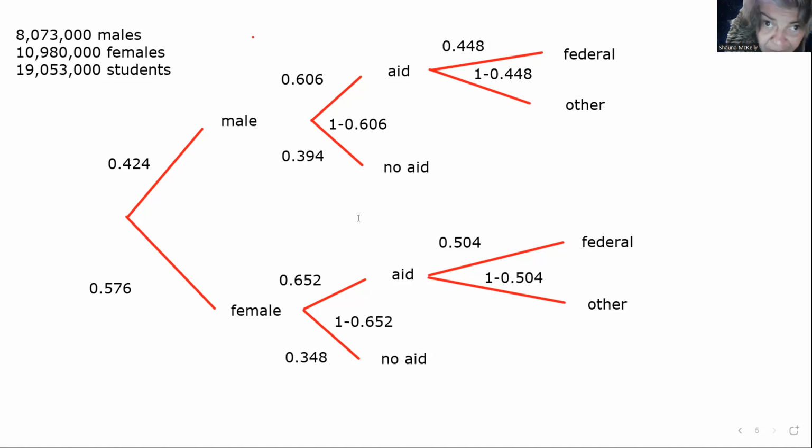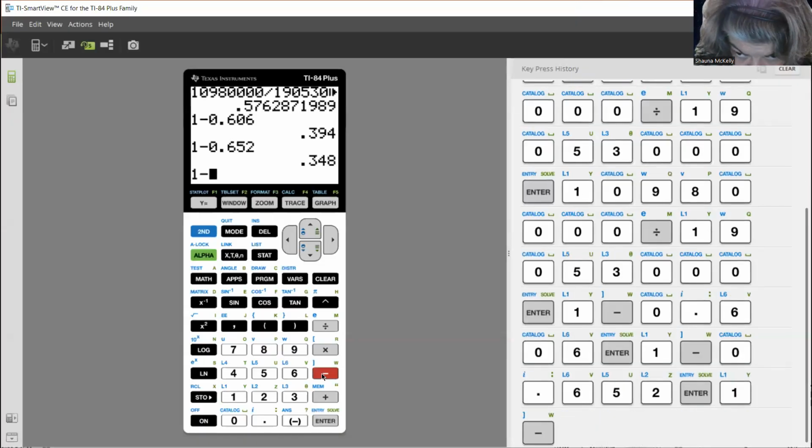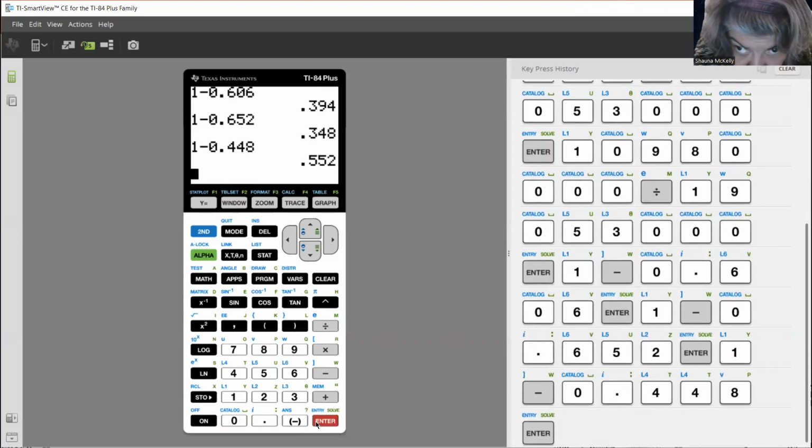So here, let's do our calculation. Let's go to new share, and we'll do some math. So this is 1 minus 0.448. That is 0.552.